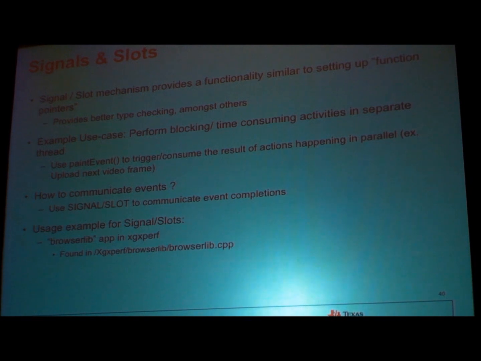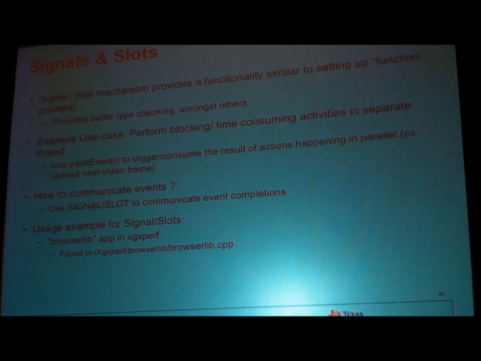So you can do things like have separate threads that do some time-critical functions and use this signals and slots feature to do screen updates across different threads. That's an absolutely critical aspect if you're trying to have a sophisticated GUI app.